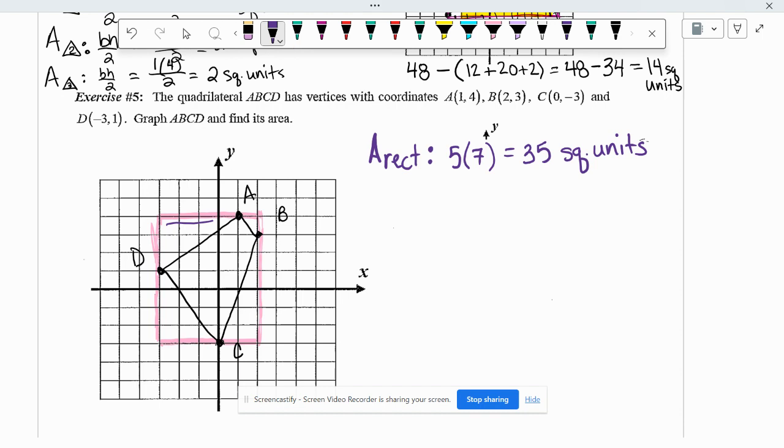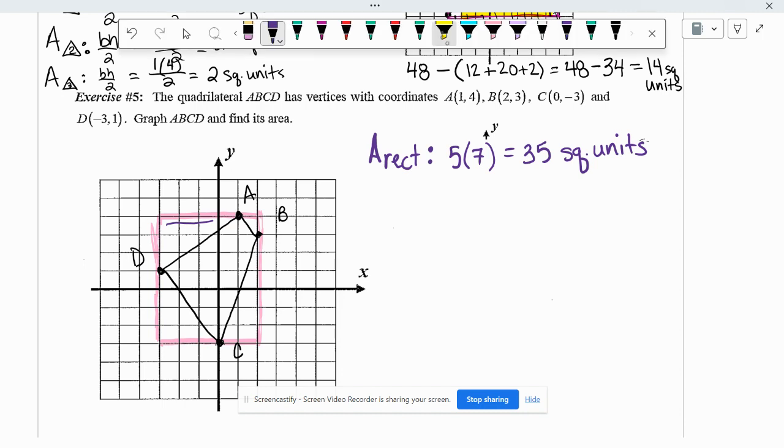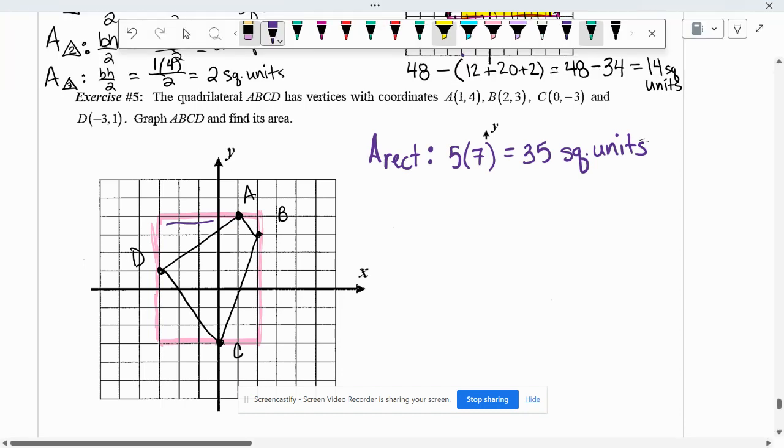Now this time we have 4 little triangles that we have to eliminate from our rectangle. So I'm going to try and change a color and label those. There we go. I'm going to call this triangle 1, triangle 2, triangle 3, and triangle 4.